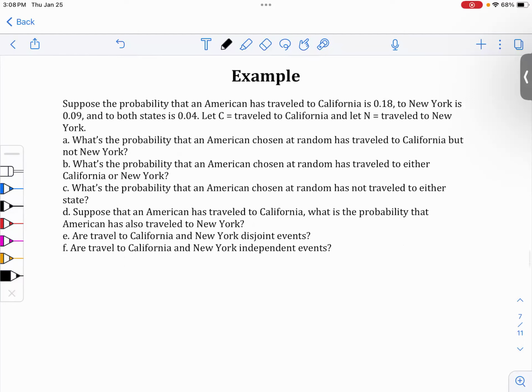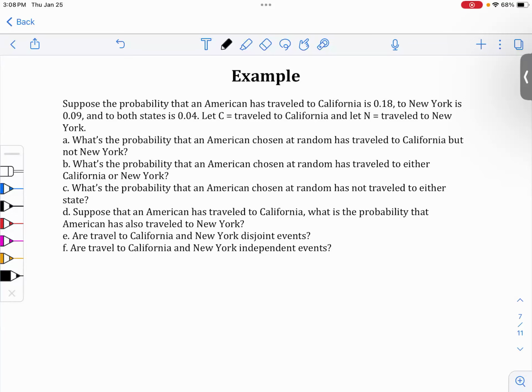Let's look at an example, because again, everything is better with an example. Suppose the probability that an American has traveled to California is 18%, to New York is 9%, and to both states is 4%. Let C equal travel to California and N equal travel to New York. What's the probability that an American chosen at random has traveled to California, but not New York?